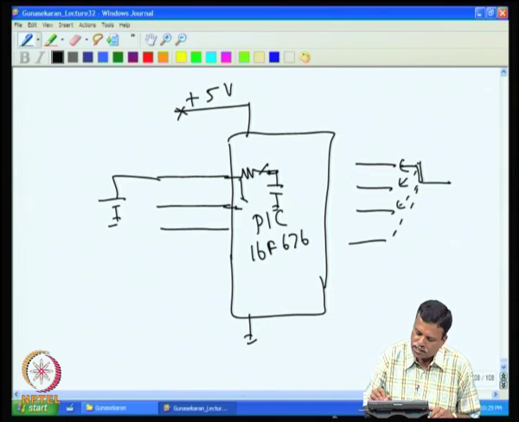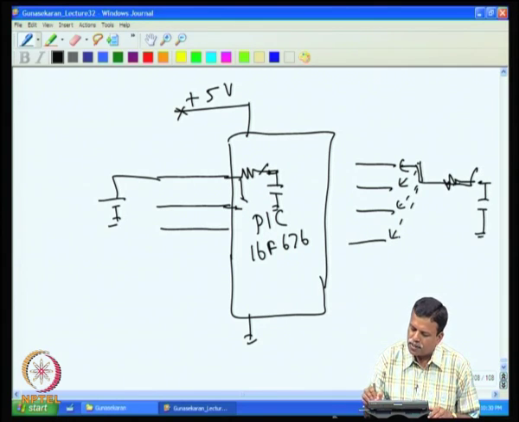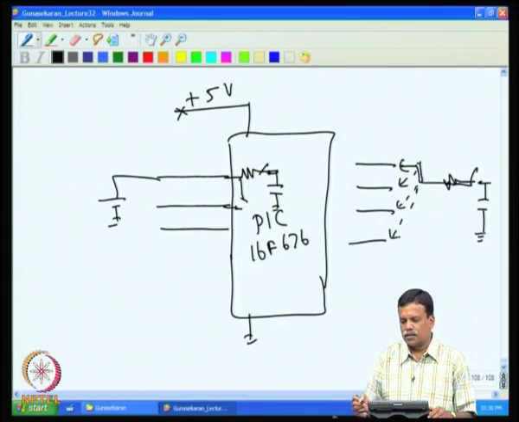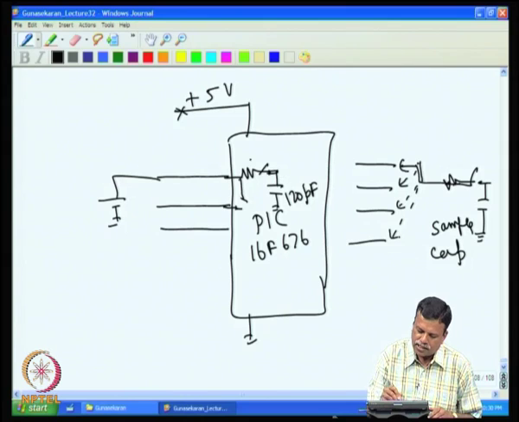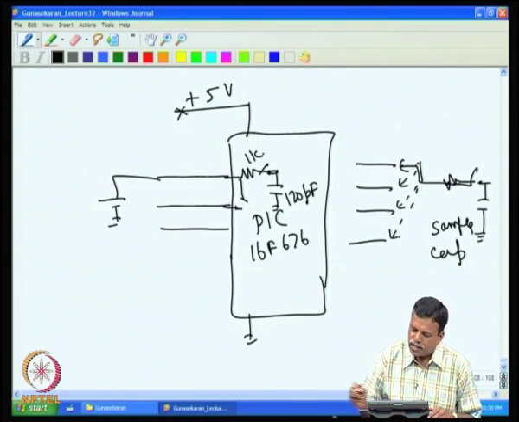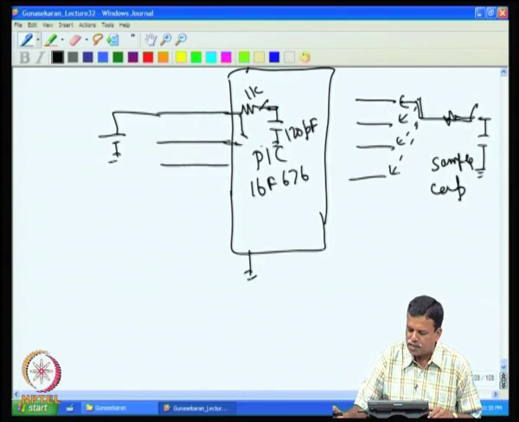One of the channels goes through a resistance and then a switch, to the sample capacitor. In the PIC about 120 pF of capacitor is there, and about 1K resistance, and the switch has some resistance.